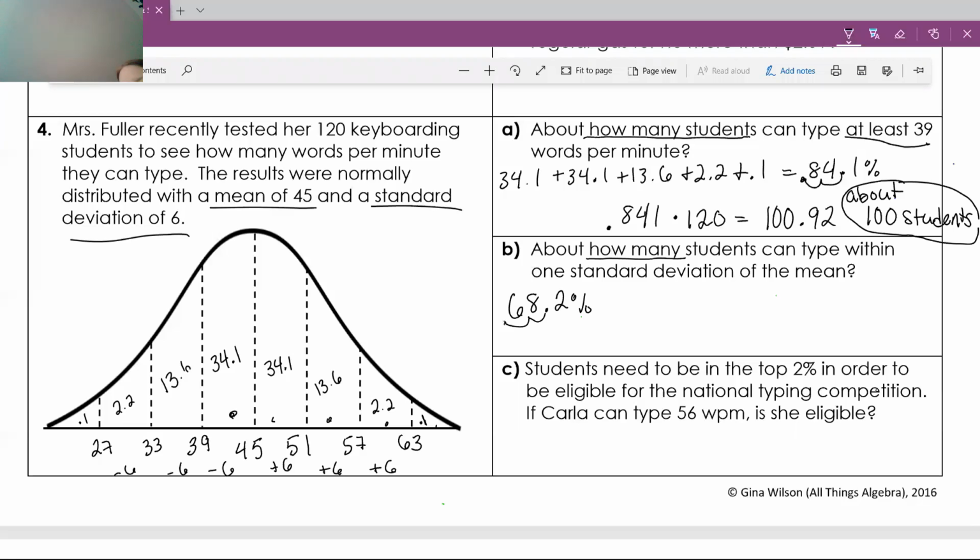So I change it to a decimal and multiply 0.682 by my 120, which is 81.84 students. So I round and say about 81 students.